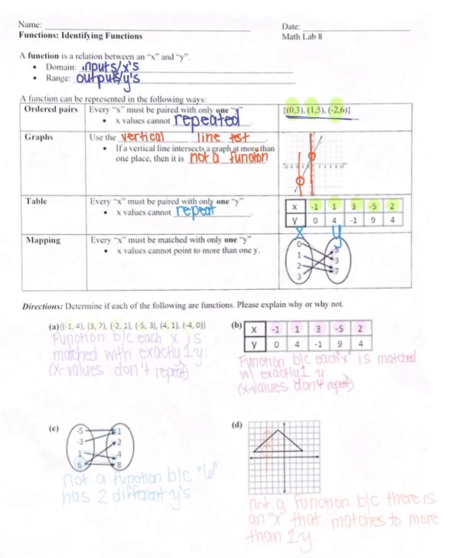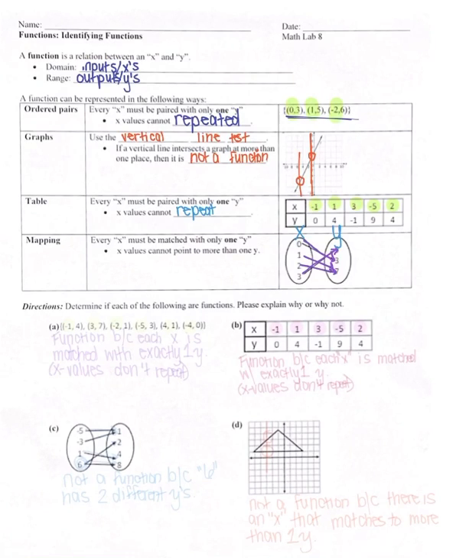In order to be a function, x values cannot point to more than one y. So in this example, if we follow the arrows, each of these x's goes to one y. It doesn't matter that they both point to 7. There's only one arrow coming out of each x value.